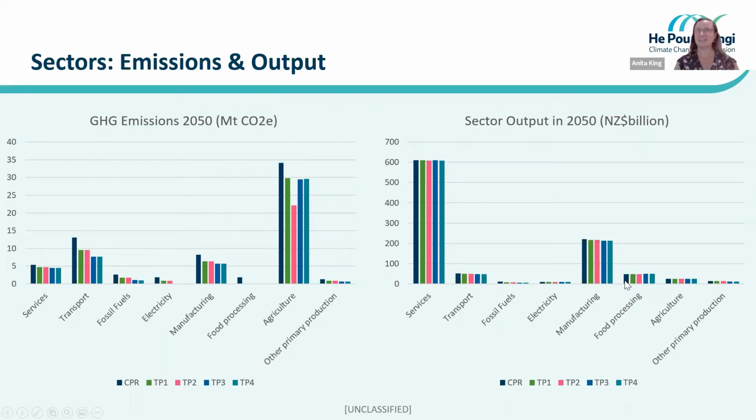Now, if we think about the other sectors we've got here, there's a small decline in the output for manufacturing, but it's very small compared to the size of it. In fact, the only one that has a decent percentage drop is the fossil fuels, which we kind of expect. It's very, very hard to reduce our emissions while still using coal and natural gas and the like.